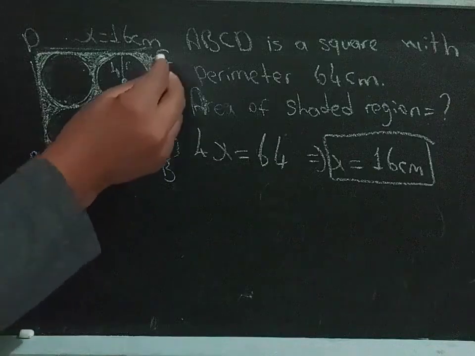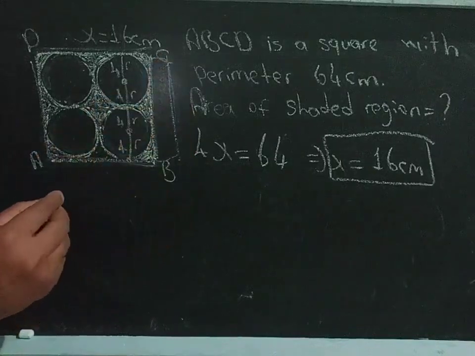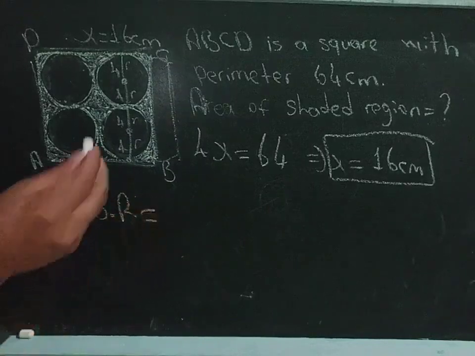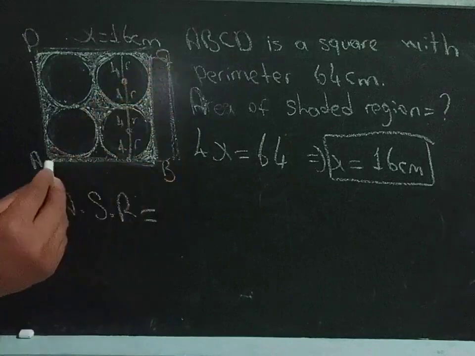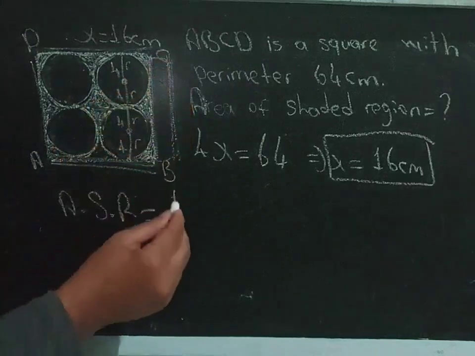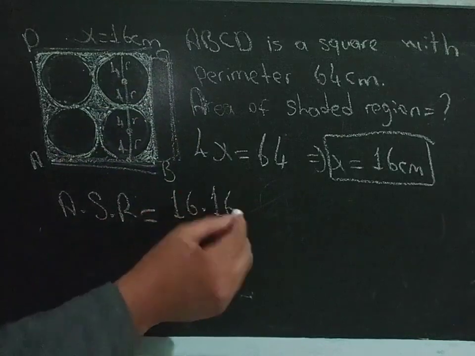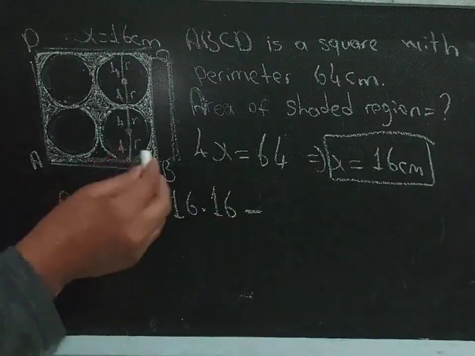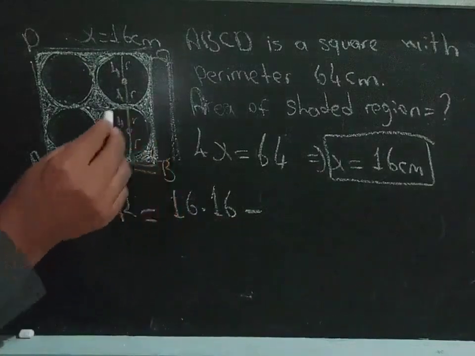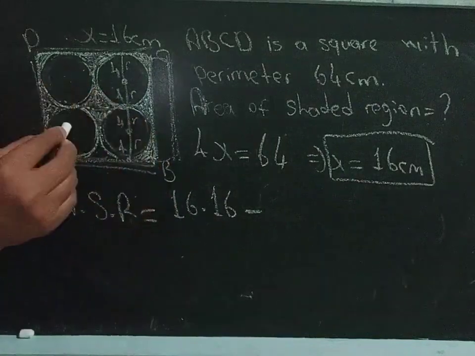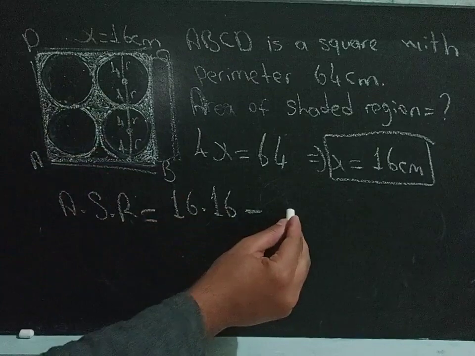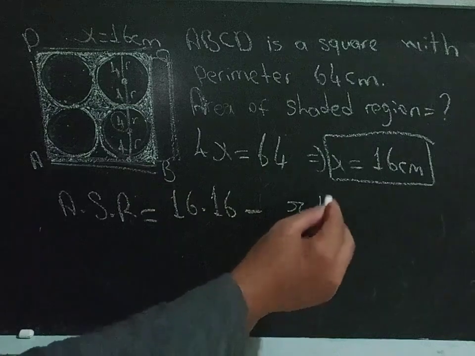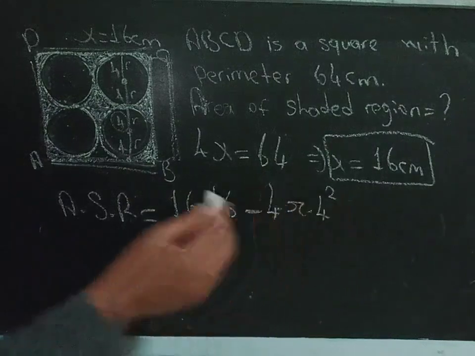Now the area of the shaded region equals the area of the square, 16 times 16, height times base, minus pi r square for one circle times 4. So pi times r square, where r is 4, and times 4 of them.